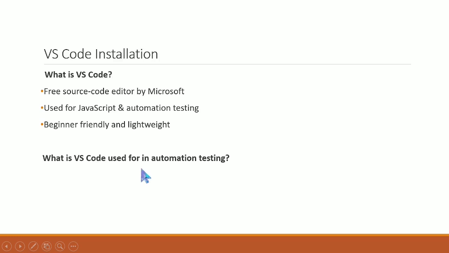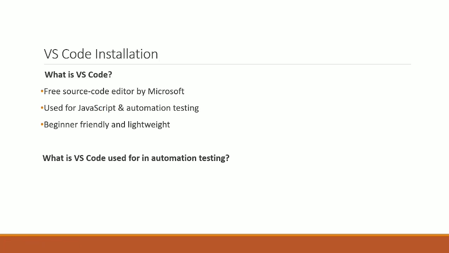Now we can do the installation of Visual Studio Code. But first, we will see what Visual Studio Code is. Visual Studio Code is a source code editor, and we use it to write code.